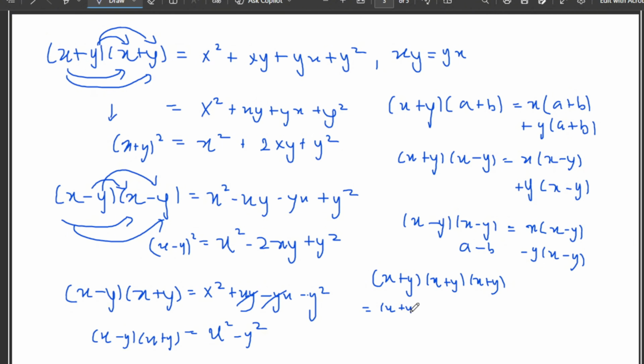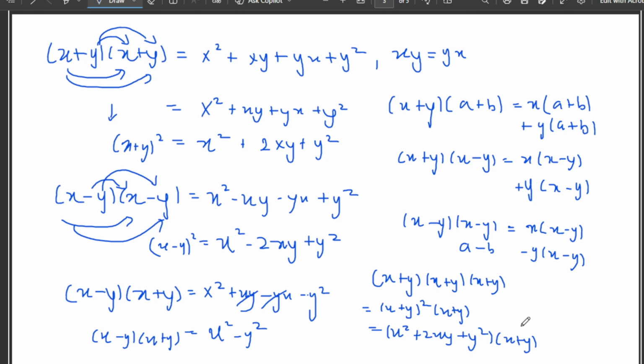X plus y squared, and then there's x plus y. We know this is actually x squared plus 2xy plus y squared. So x squared plus 2xy plus y squared, and we times it by x plus y.